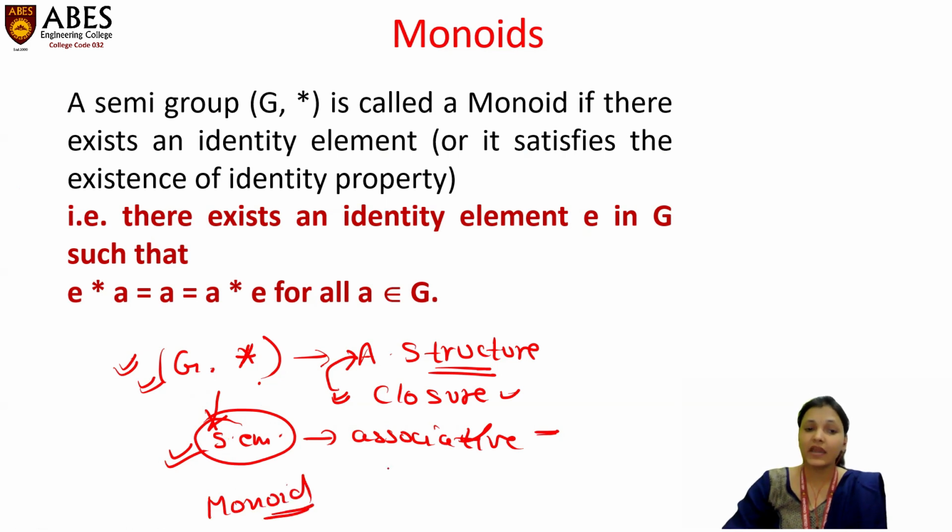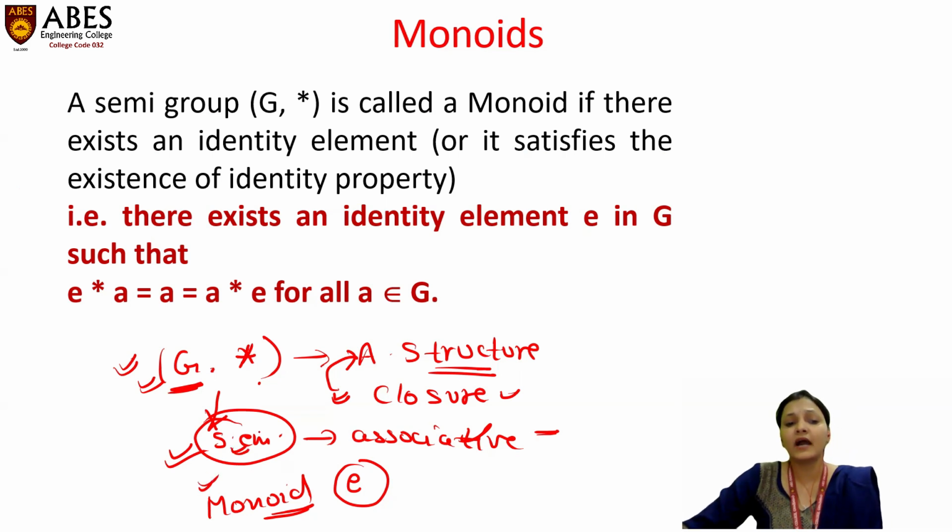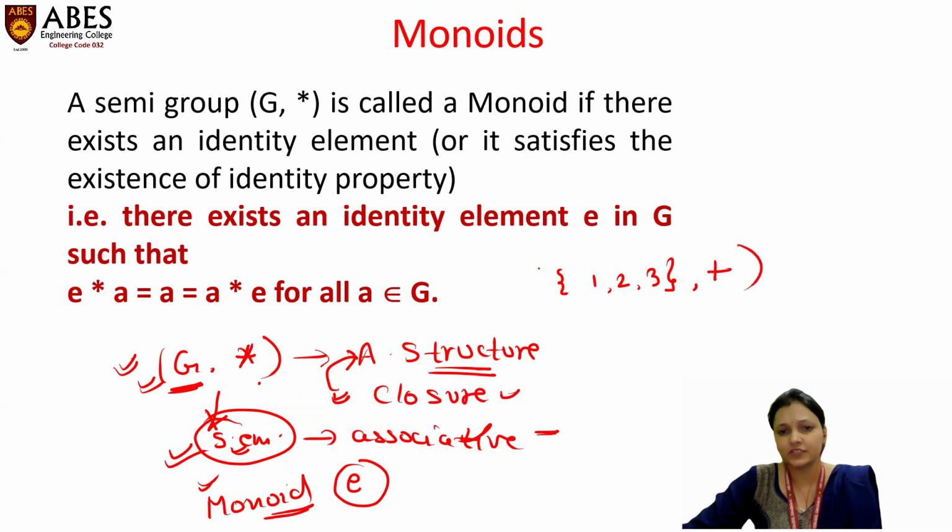If there is an identity element E in set G, if an identity element exists, then this semigroup will be a monoid. How will we find the identity element? For example, if there are elements 1, 2, 3 with the operation addition, this is the set, and this is the structure.